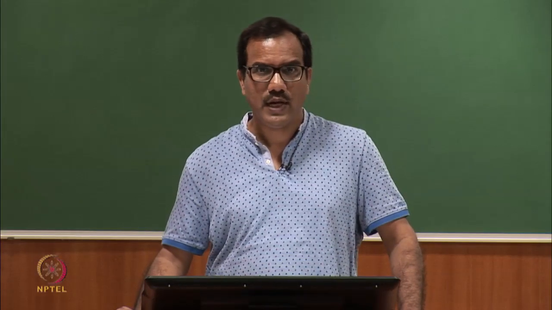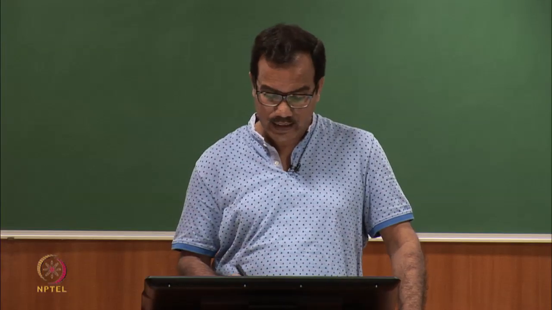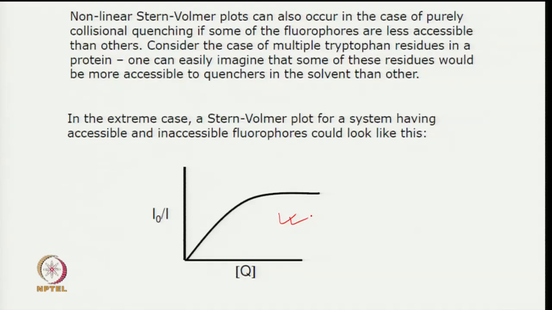Sometimes you can also get this kind of curve when you plot F naught by F versus concentration of Q. And this can happen if some of the fluorophores are less accessible than others.